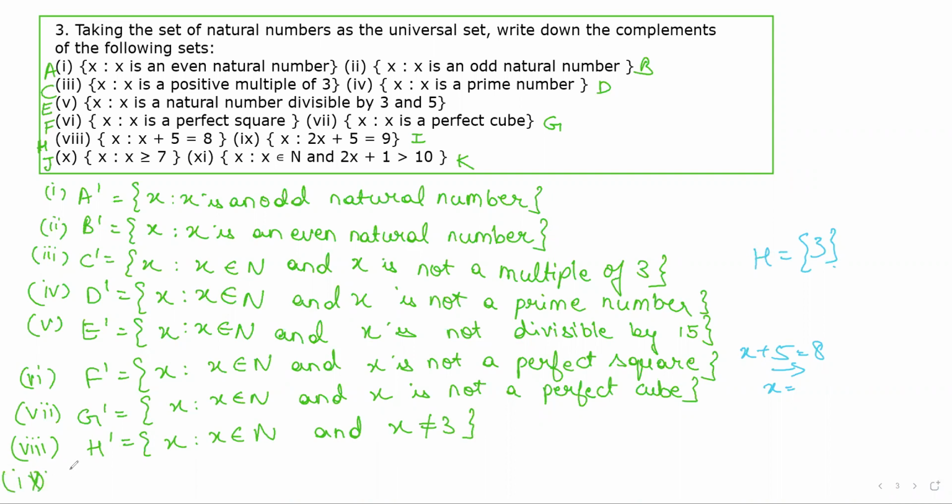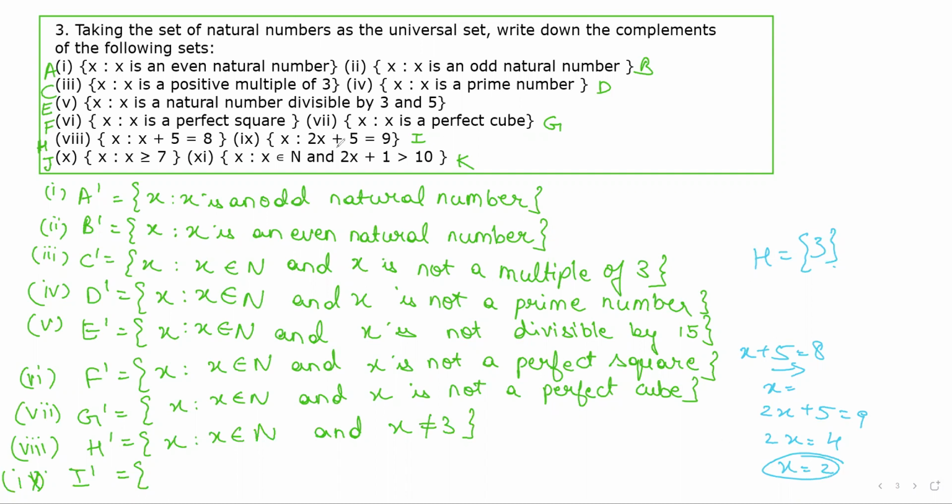Ninth, I dash is equals to, again, 2x plus 5 is equals to 9. So if you solve 2x plus 5 is equals to 9, your 2x will be equals to 9 minus 5 is 4, x is equals to 2. That means I is again a singleton set where x is equals to 2.